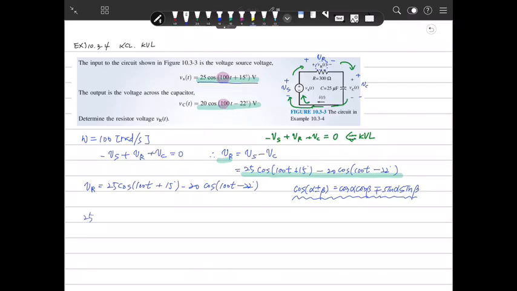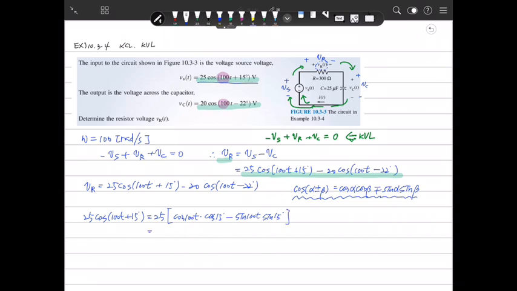So at first, we need to re-express that. There will be 25 cosine 100t and cosine 15 minus sine 100t and sine 15.